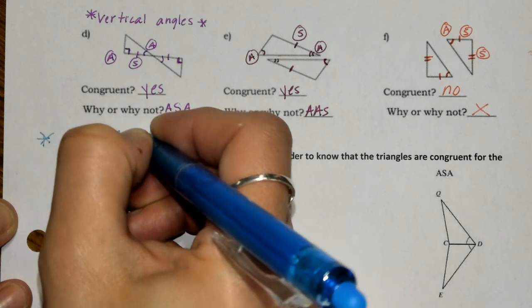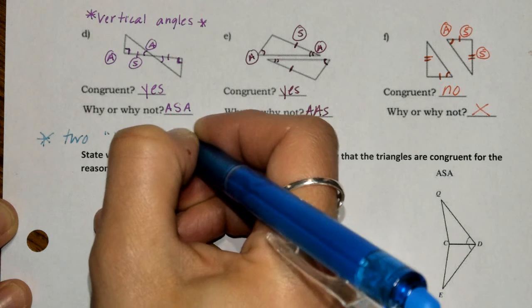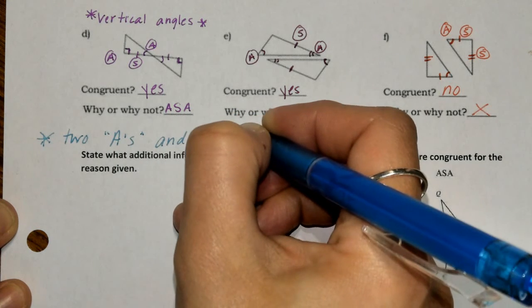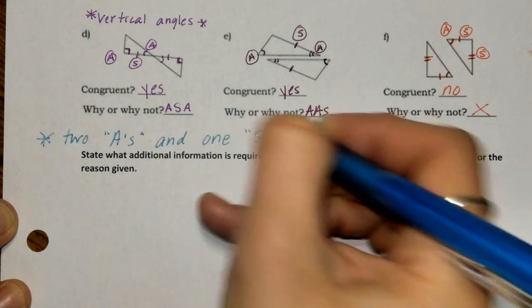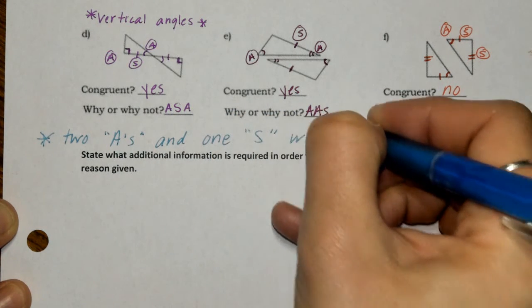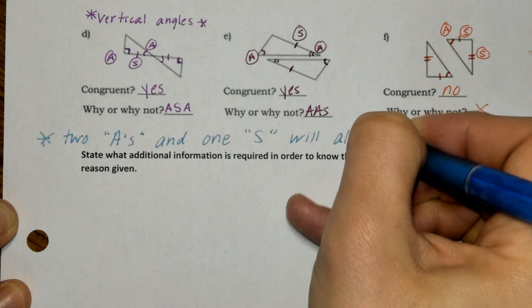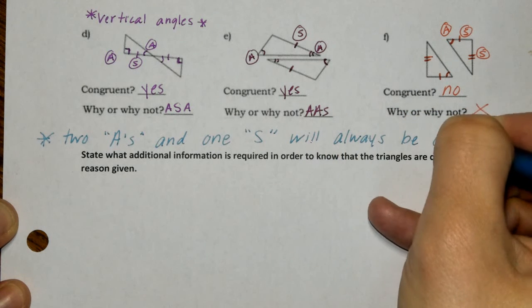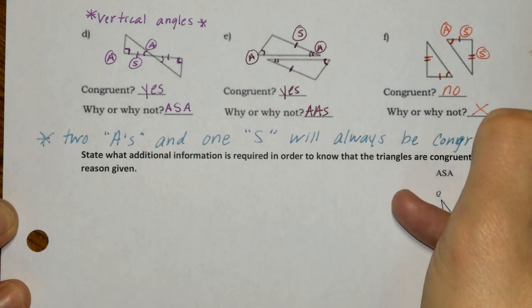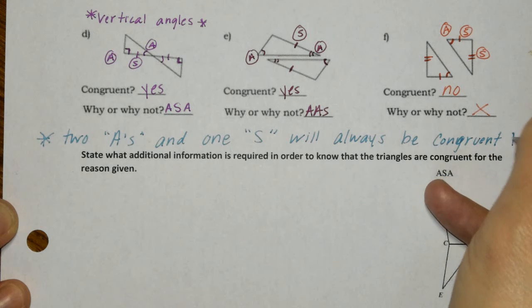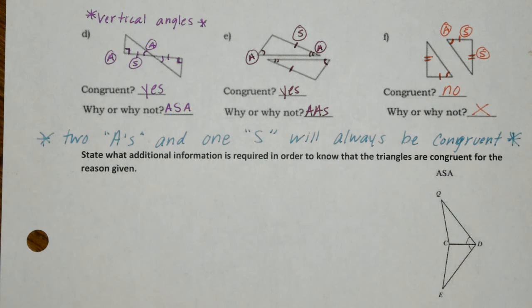Two A's and one S will always be congruent. You'll either have the ASA or the AAS.